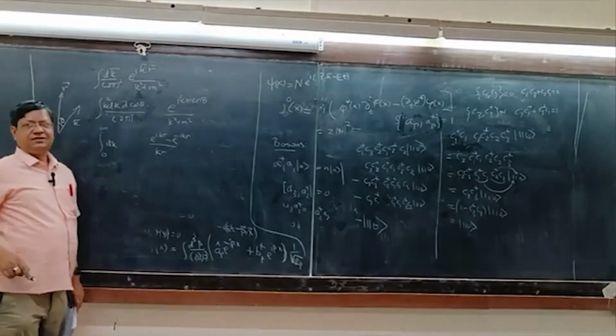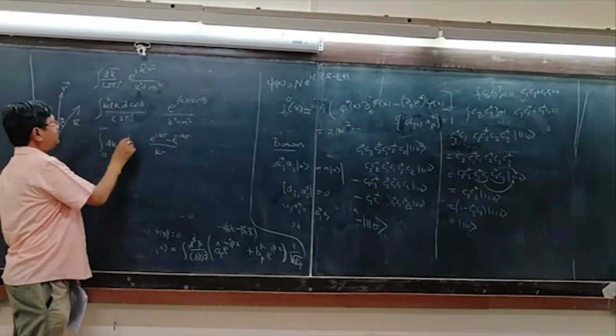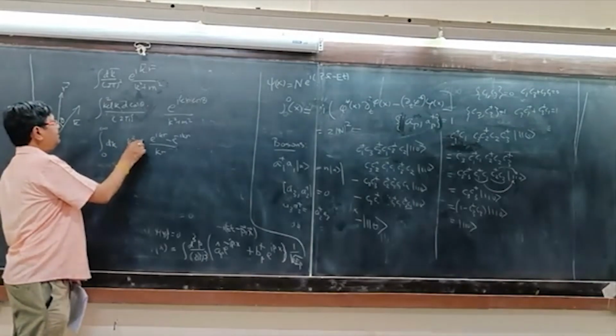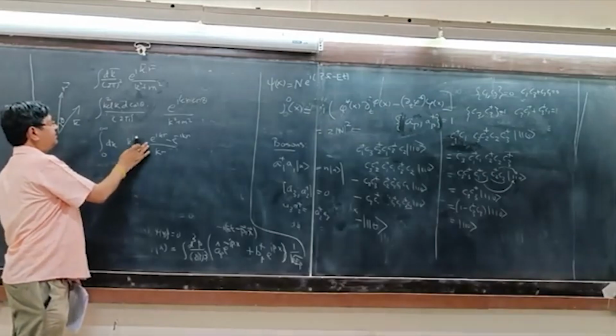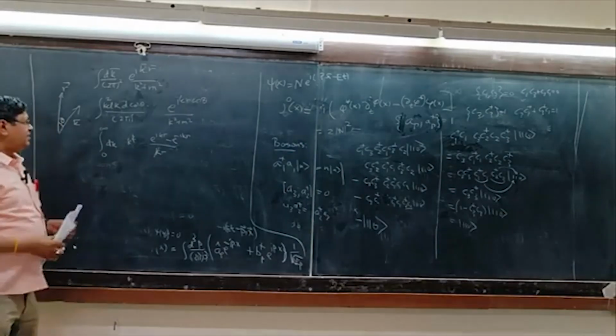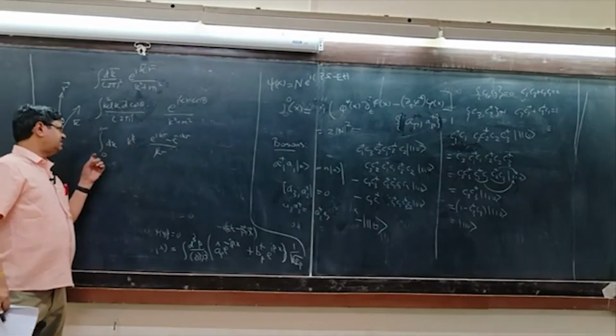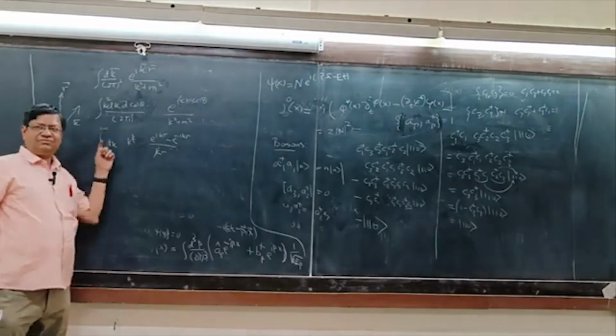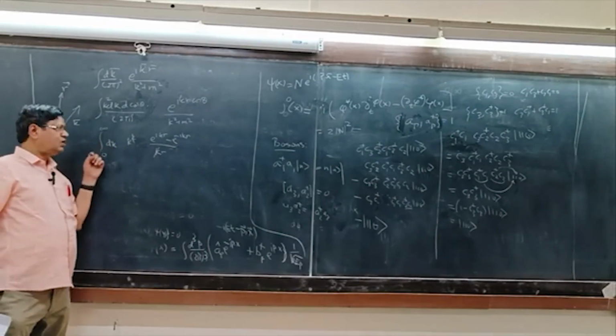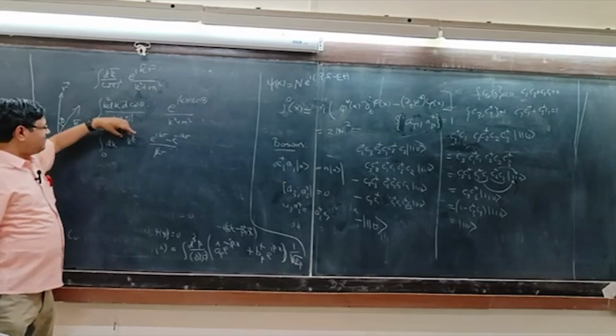And my dk is going from 0 to infinity. And there is a k coming from k squared dk. So this cancels 1 k. Now this function, I want to extend this integral from minus infinity to plus infinity.